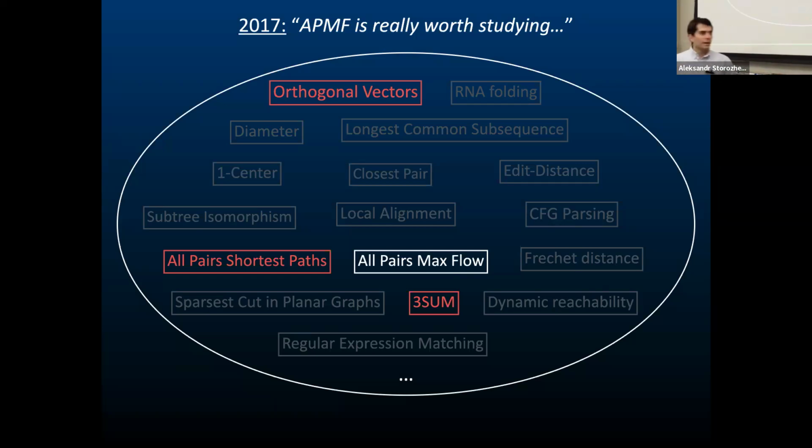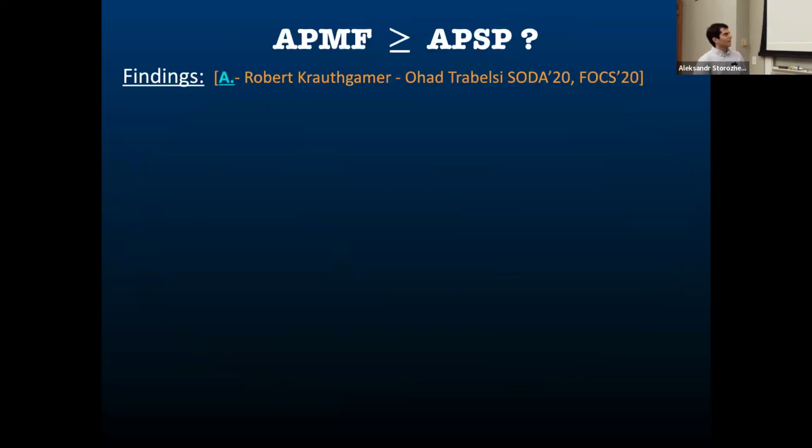If you're brave. Okay, but then all pairs max flow stood out among my list. It stood out as a super fundamental problem that has resisted improvement for decades, yet there's no reason for it. So we did work on this problem for a few years.